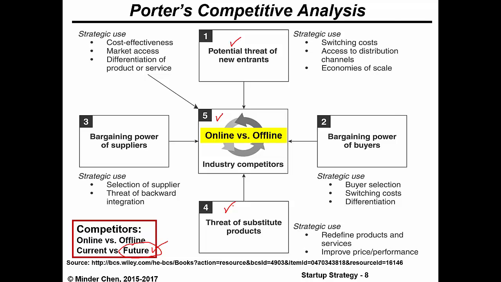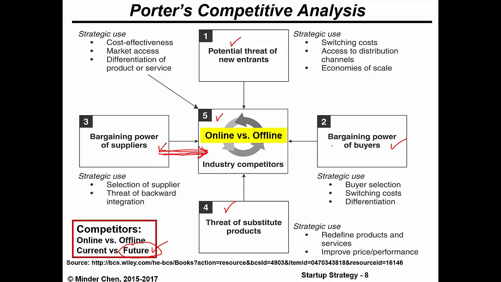Okay, two other remaining competing forces are the suppliers or the buyers that you have some relationship with. Your supplier may envy your high profit margin, and decide that instead of selling you the component for you to produce a product to sell, they establish their own brand and sell a competing product.